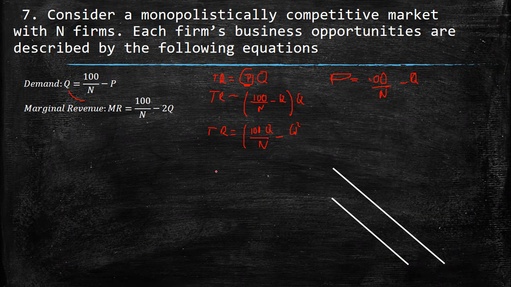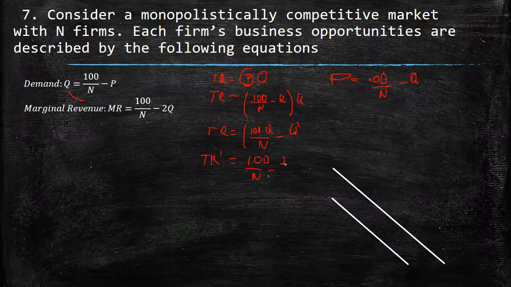Right? So what is the definition of marginal revenue mathematically? It should be the derivative of the total revenue in terms of Q, right? So here, total revenue prime, which is the derivative of that, should be 100 over n minus the derivative form.